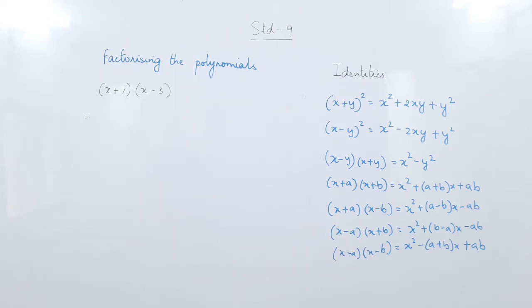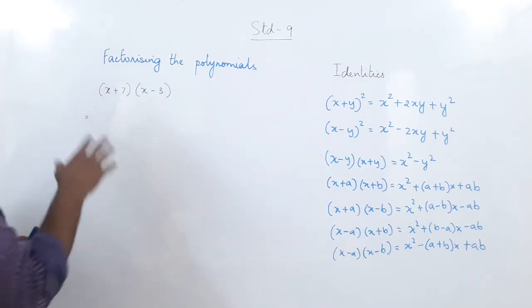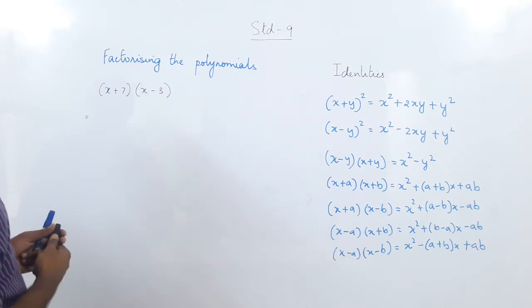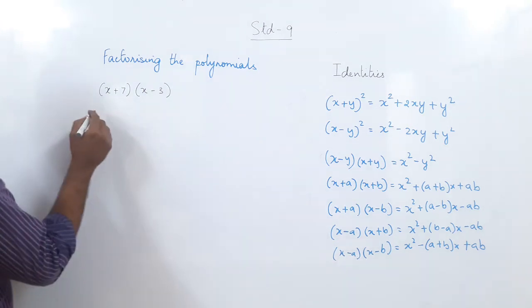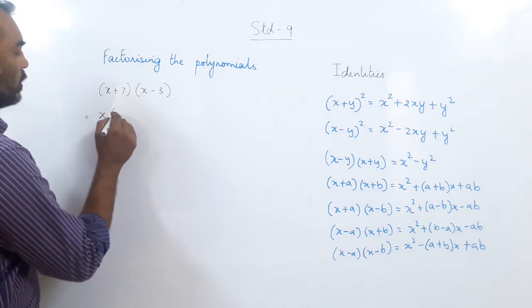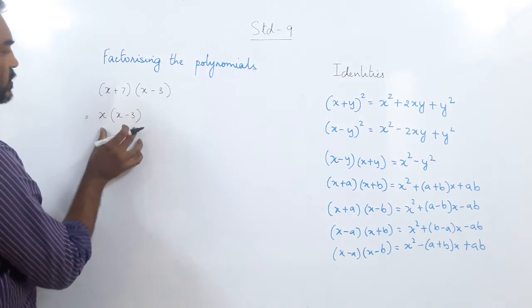Okay, so I put a sum on the board, x plus 7 into x minus 3, and we will do the sum both ways. One is the usual method, expanding, and second is the identity. So first the usual method. I take x, multiply this whole bracket into it, x minus 3.